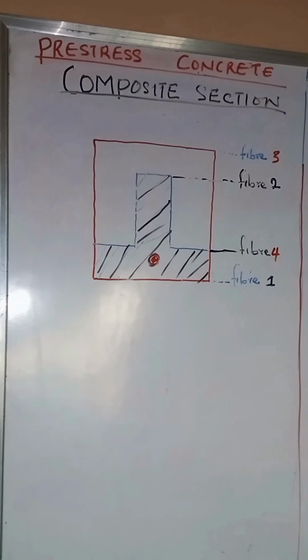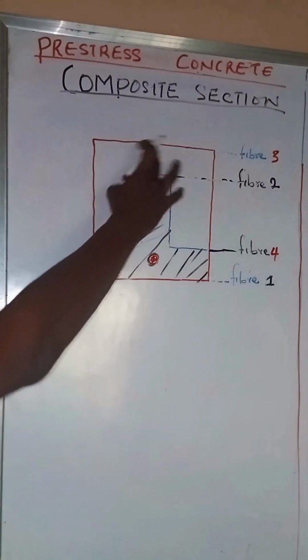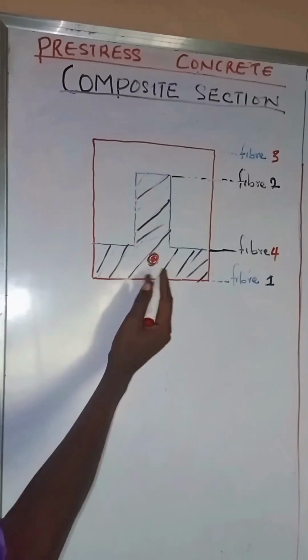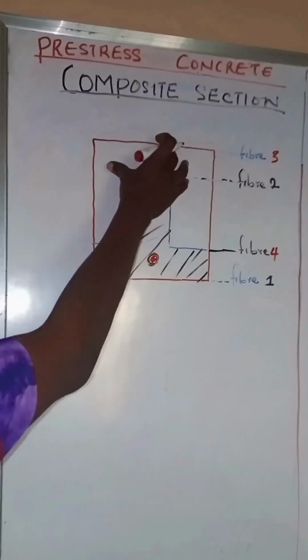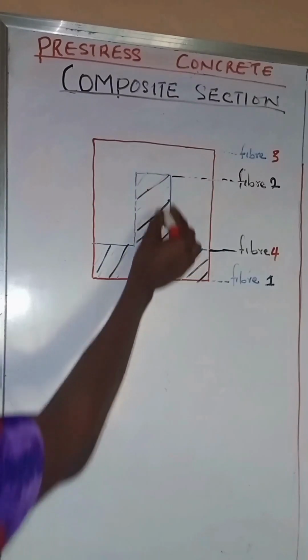You can have a situation whereby the beam is not propped, and as such, when the in situ slab, which is this area of the section, is cast, since it's not propped, what it means is that stresses will be induced on this precast section that is shaded.